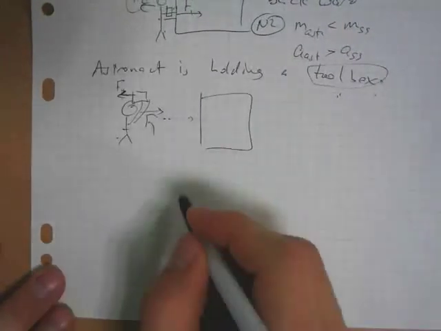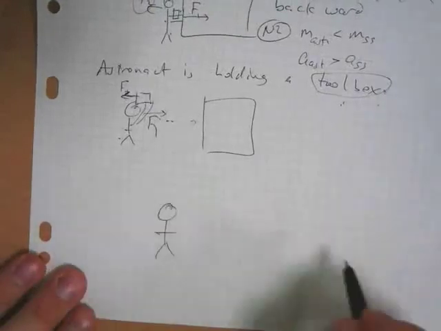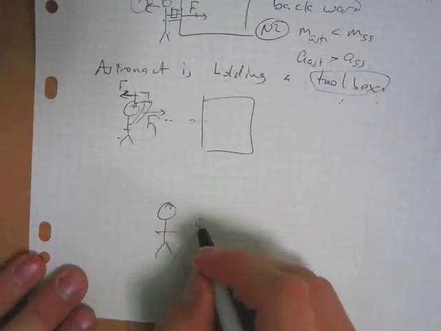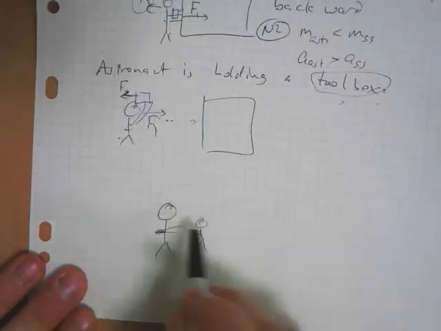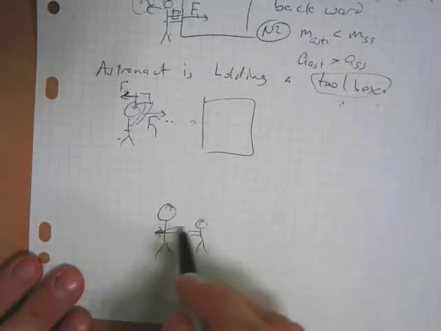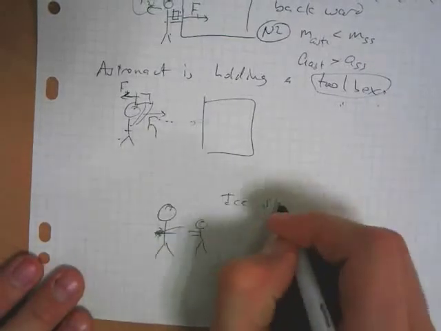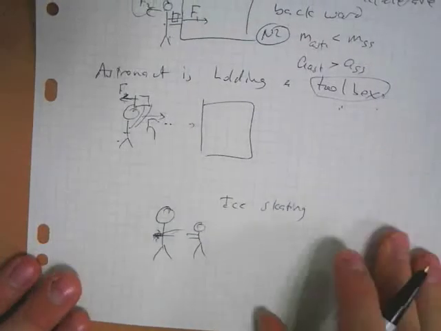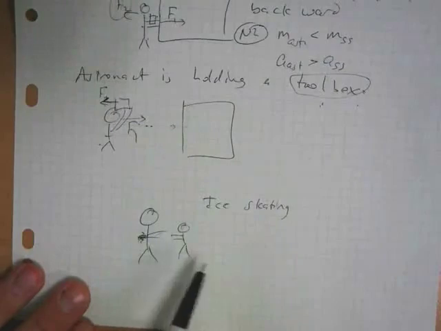There's another classic example that incorporates both of Newton's laws. Let's say you've got a father and his little daughter, and they're out ice skating together. This little girl wants to be a figure skater.